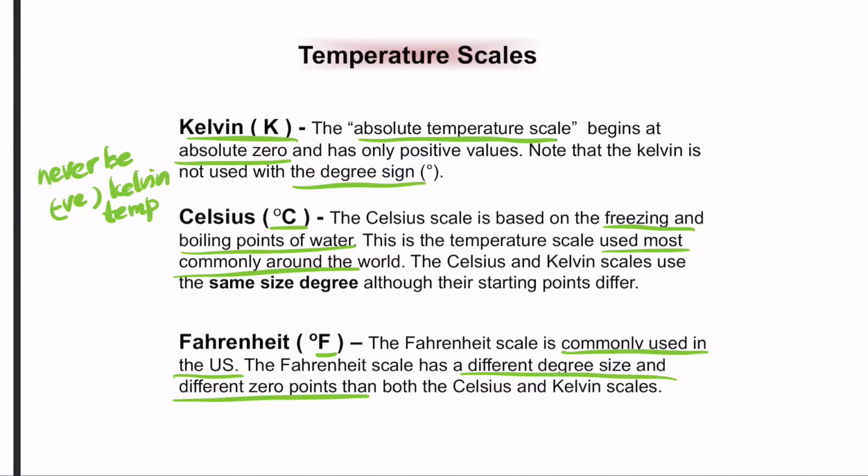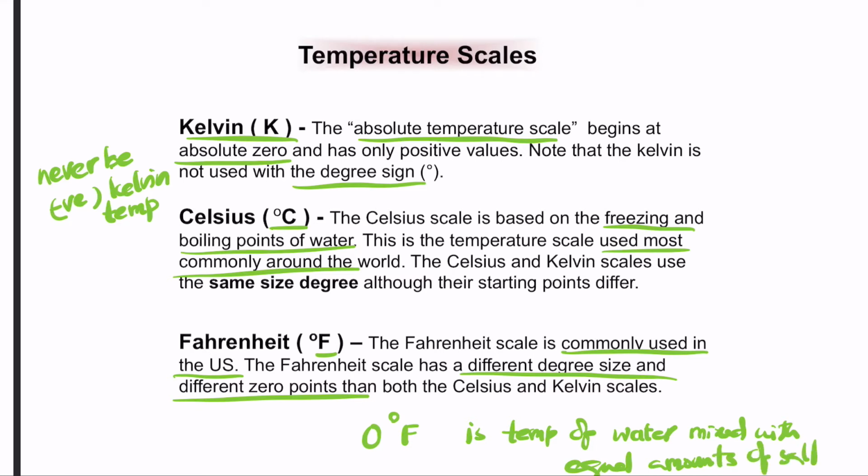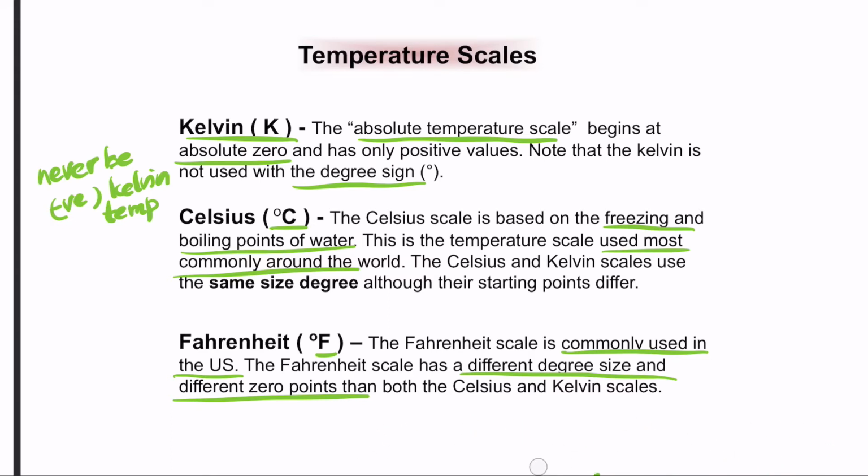The common way the measurement was taken is that 0 degree Fahrenheit is the temperature of water mixed with equal amounts of salt at room temperature. This is the common temperature taken, but it's not an appropriately graded scale. So that's why it's not commonly used across the world. Only in the US it's commonly used as of now.